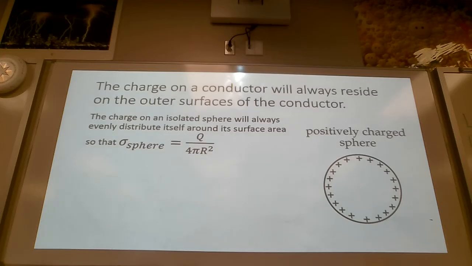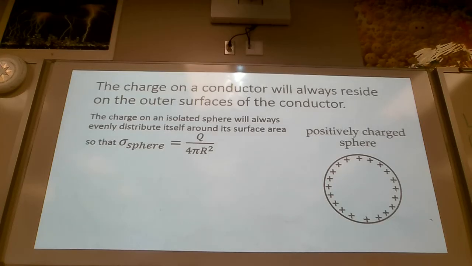All right. So factoid. Charge on a conductor, in static electricity, will always reside on the outer surfaces of the conductor. Okay?